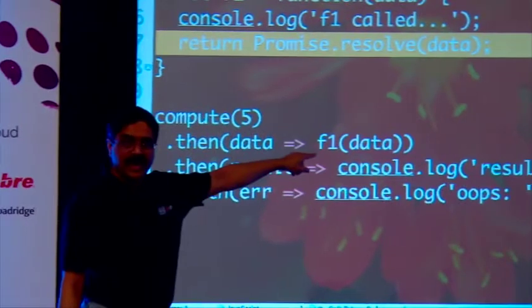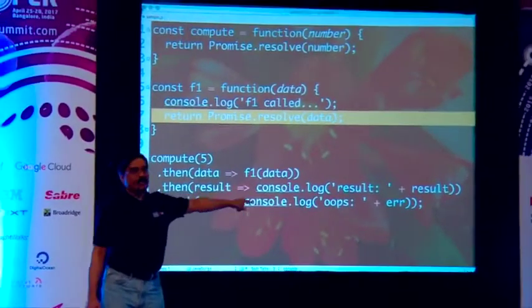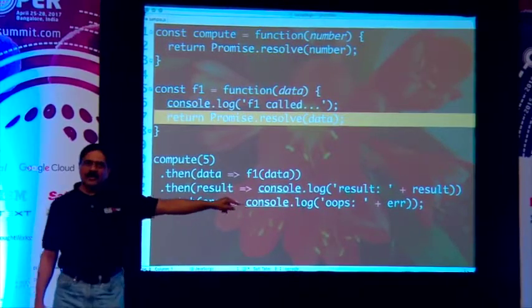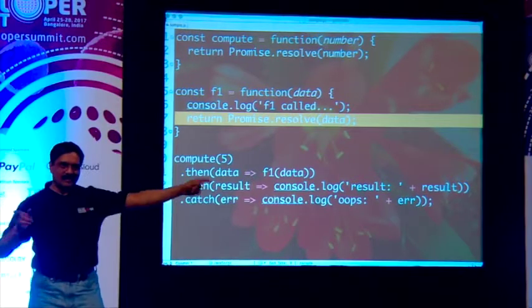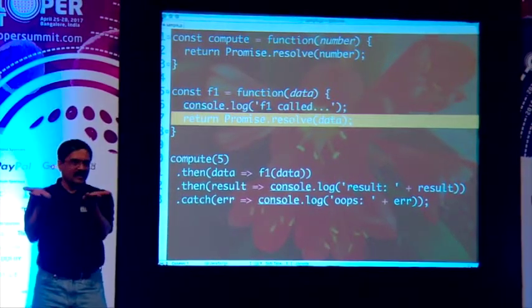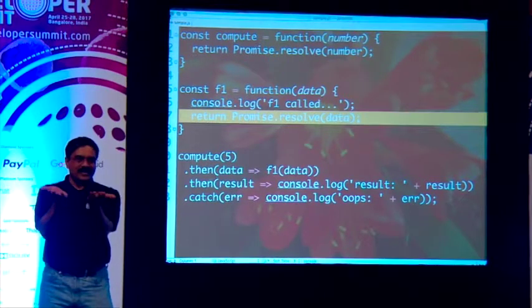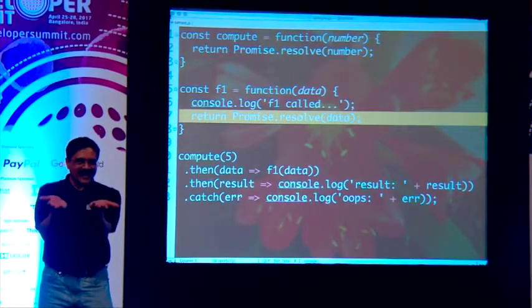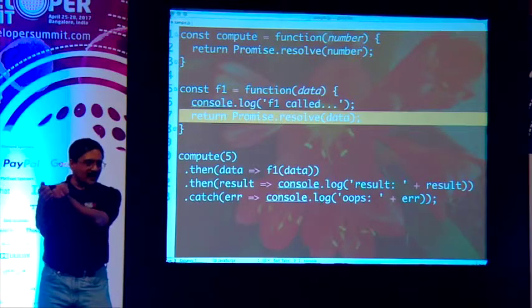If my function returns a data, it becomes a resolve. If my function returns a promise, what do you think is going to happen to this promise? Are you sure? It is whatever that promise is. If I return a promise, your promise will do what my promise does.